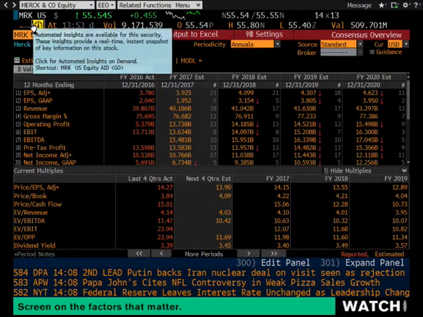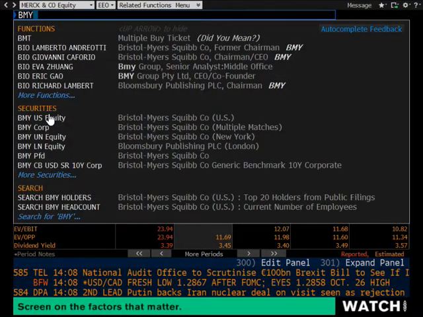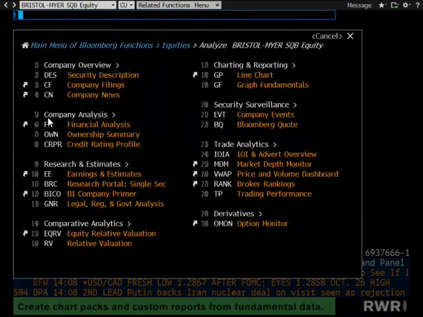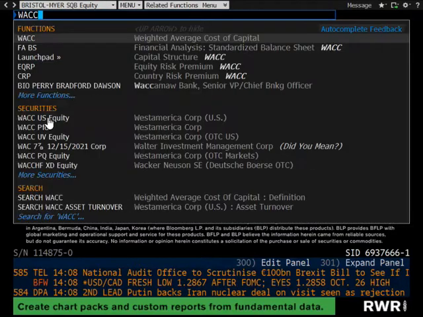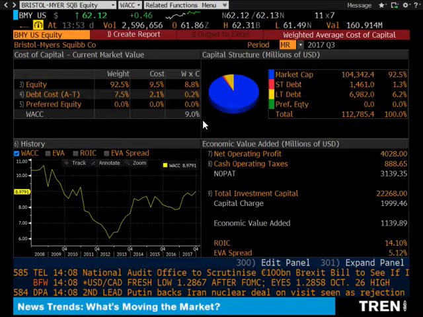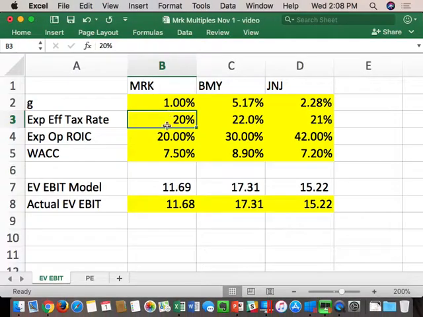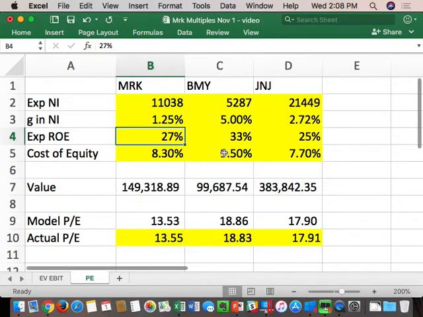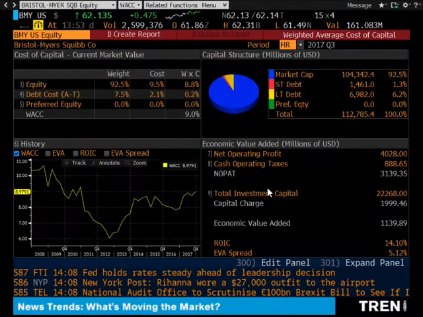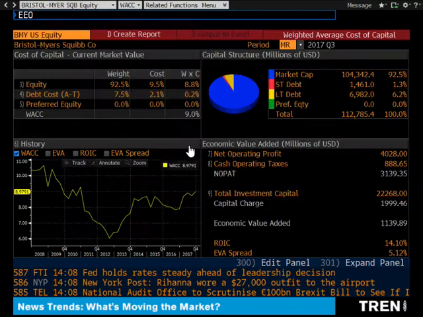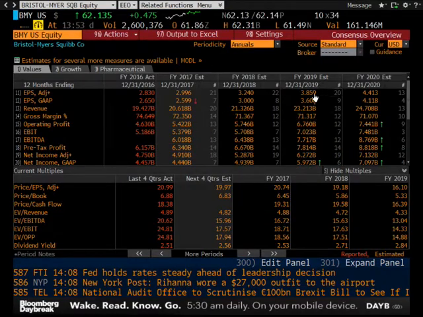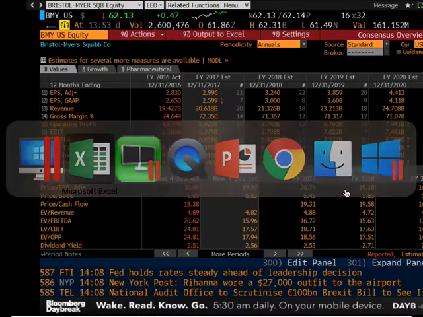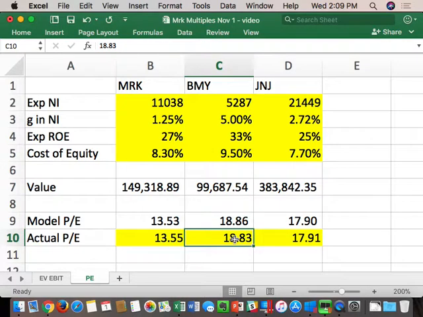For Bristol-Myers, let's see, WACC of 9, cost of equity 9.5. WACC changed slightly, cost of equity didn't change. Okay, on the EEO, PE is 19.18, so it went up a little bit.